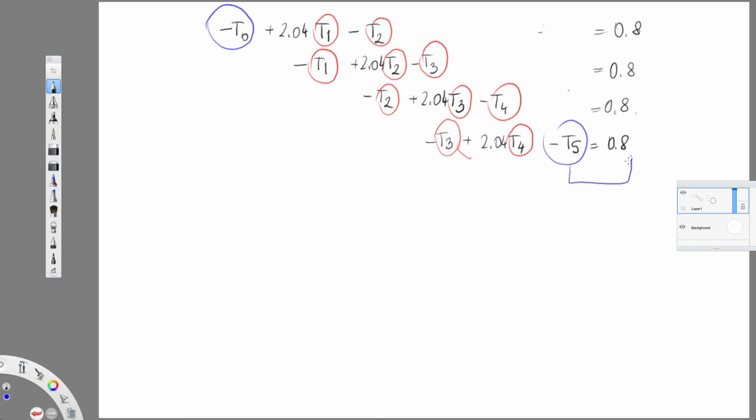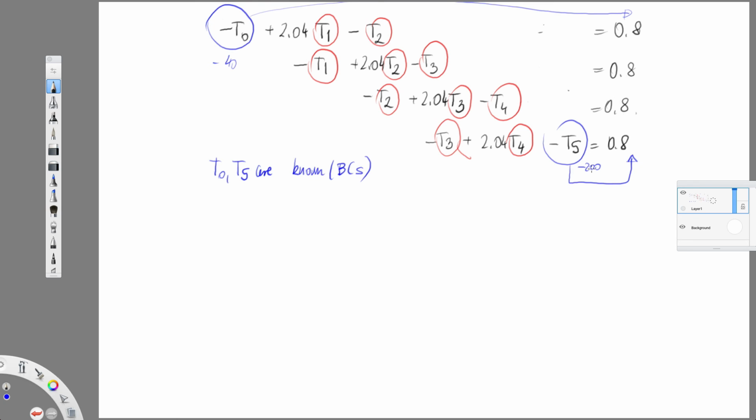So they can actually go to the right-hand side. So T0 and T5 are known. And this one was 40, and this one was 200. So minus 40, minus 200.